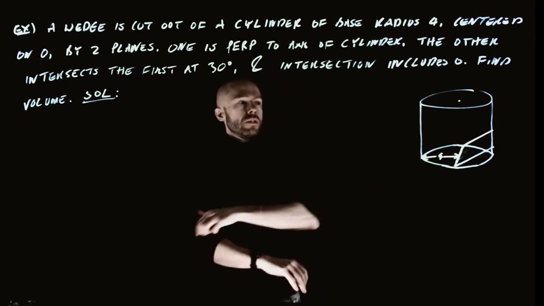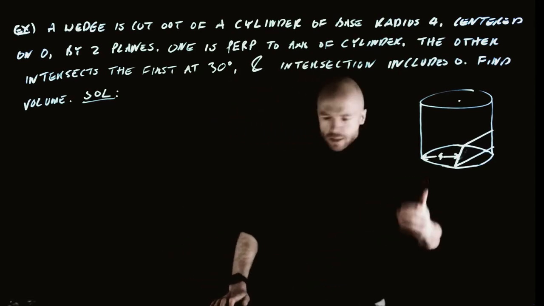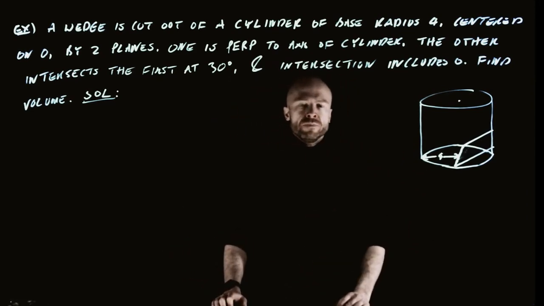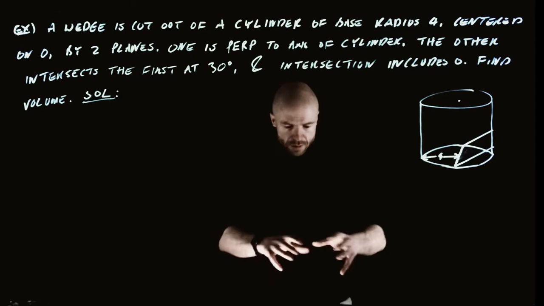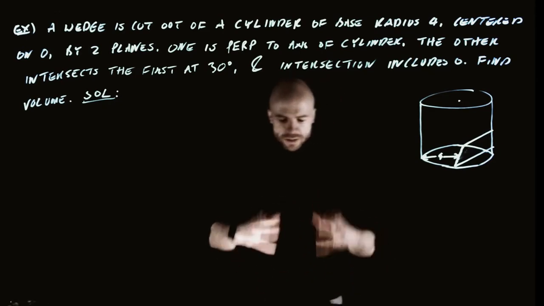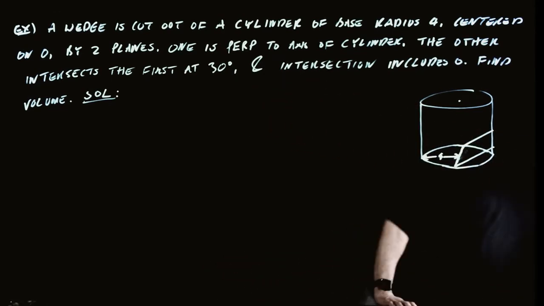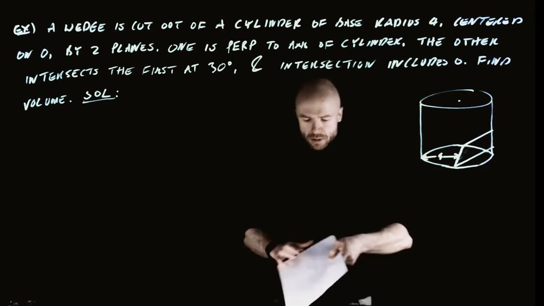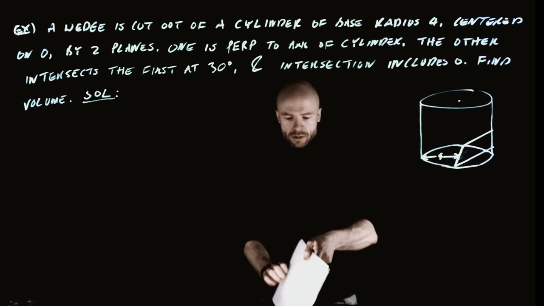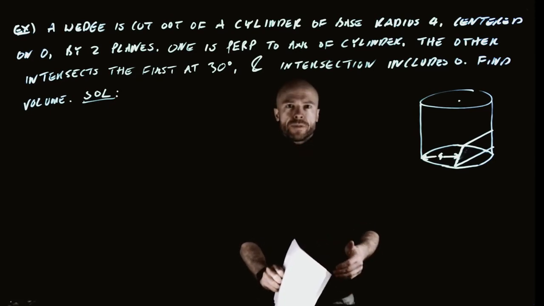Yeah? So when we did this in class, there were a number of suggestions. So let's imagine that my cylinder is here on the table. My chunk of cheese is like this. How should we slice it?